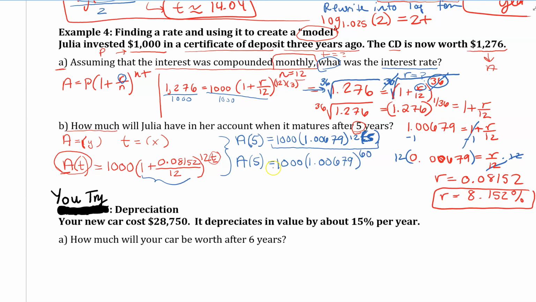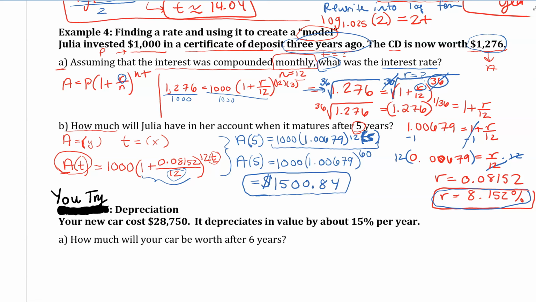And then I'll plug all of that into the calculator. And so that is going to equal about $1,500.84. So after 3 years, the amount had gone to this number, 1,276. If we assume it's the same rate being used and that it's still compounding monthly, then after 5 years, she would have a total of $1,500.84 in her account.